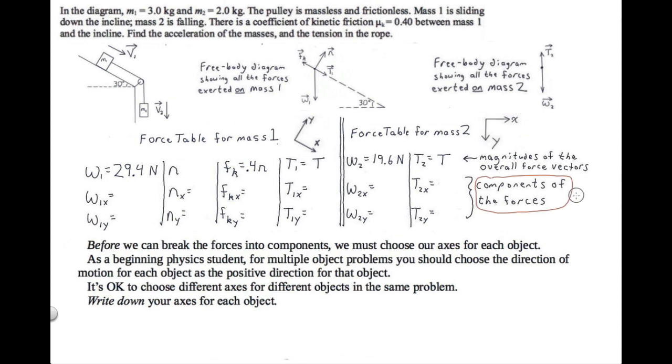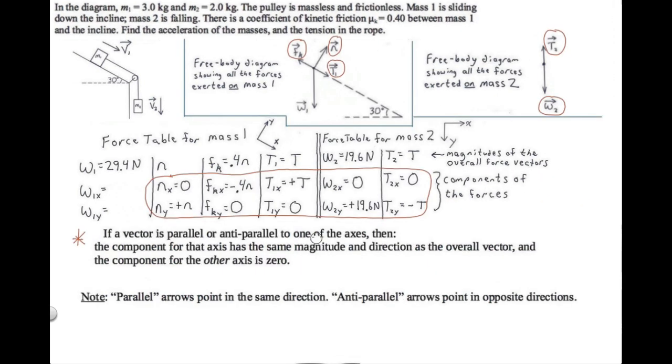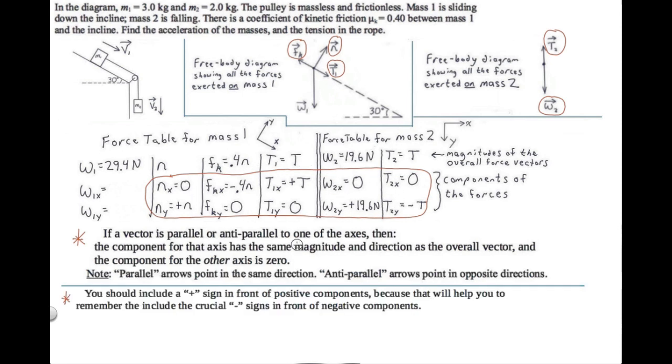Now that we've chosen our axes, we're ready to break the forces into components. We can use this rule to break F sub k, n, t sub 1, t sub 2, and w sub 2 into components. Be careful to get every plus or minus sign correct in front of every non-zero component.